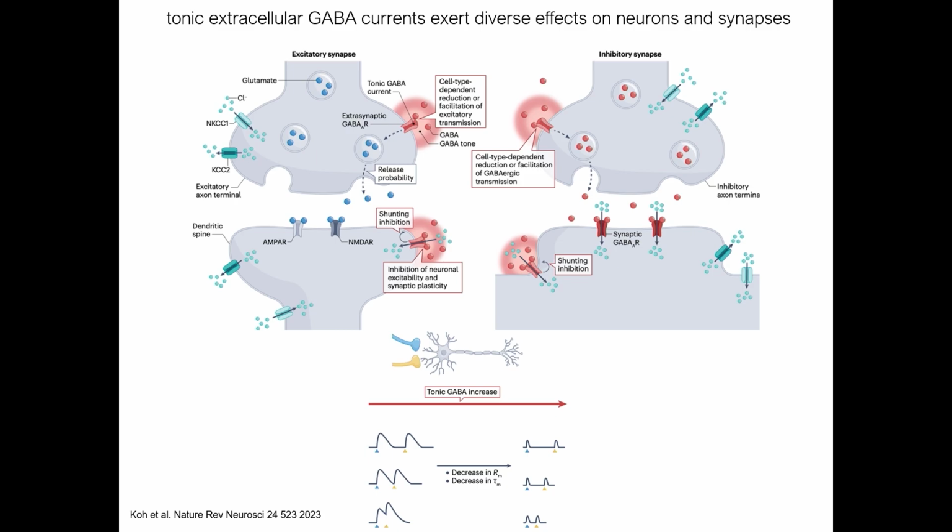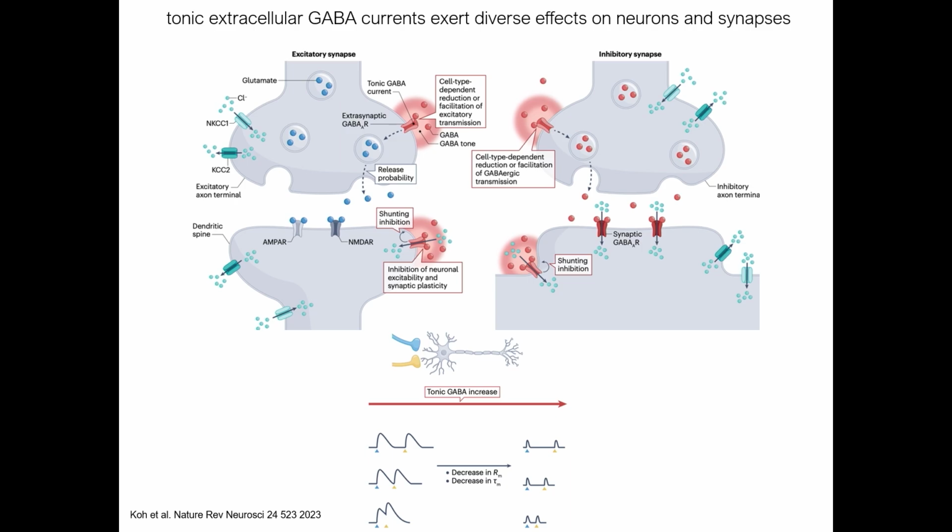Those are mediated by actions on GABA A receptors found on neurons. These tonic GABA currents mediated by GABA A receptors cause currents both in the presynaptic synapses of excitatory as well as inhibitory neurons. They're also present on the postsynaptic neurons in dendrites and in postsynaptic densities.